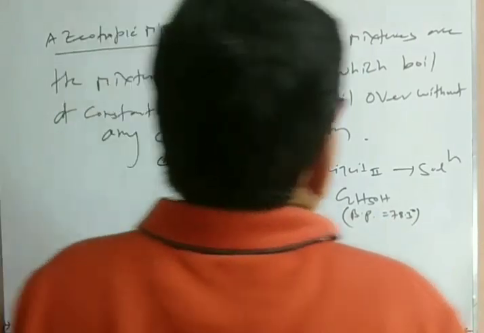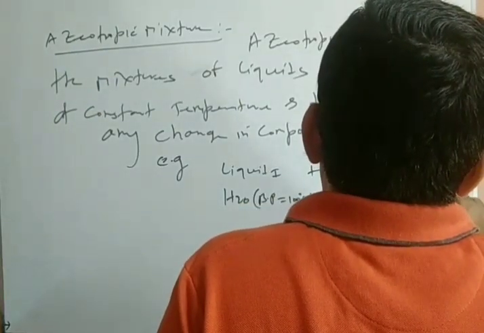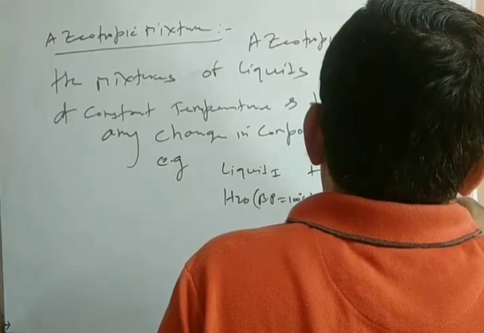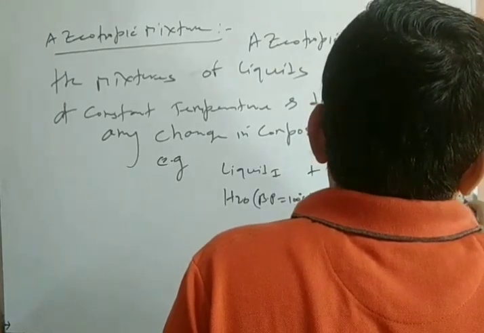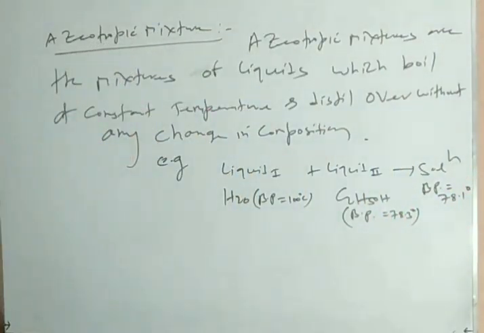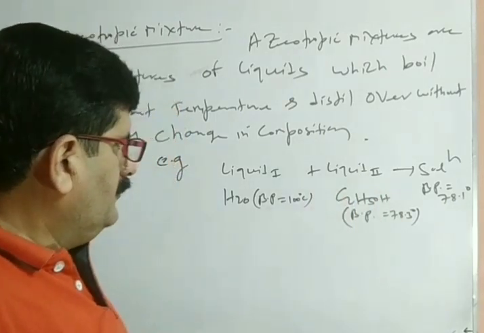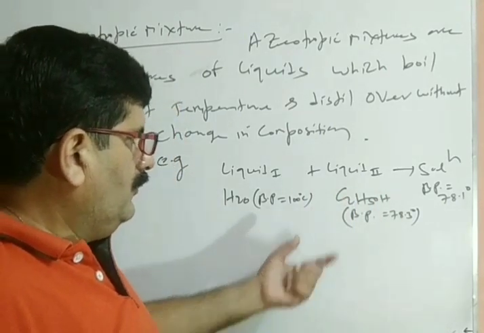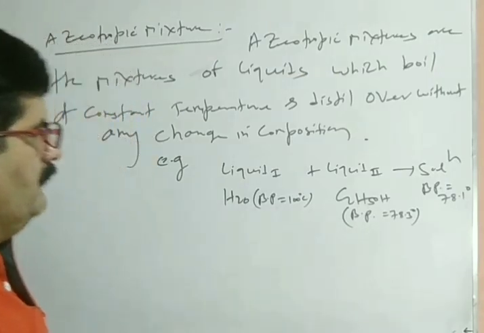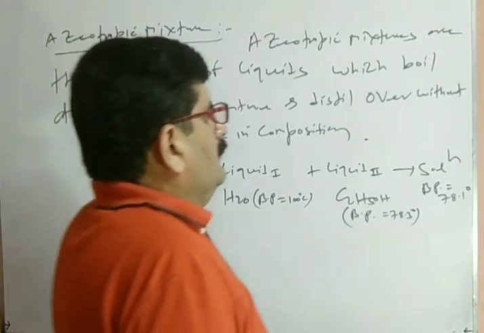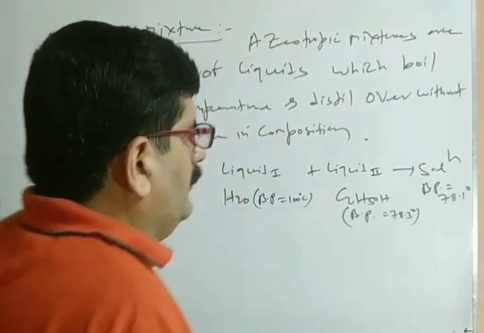But after mixing, BP is equal to what? 78.1 degree. So after mixing, the BP either decreases from the individual value or increases from the individual value. This mixture is said to be what? Azeotropic mixture.